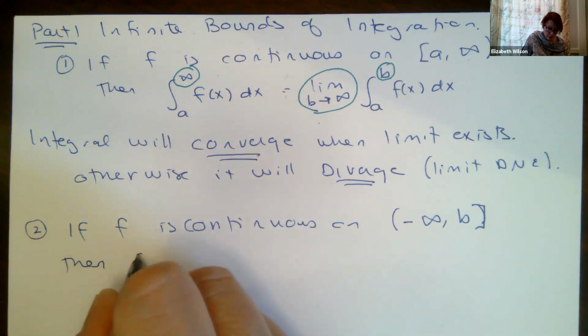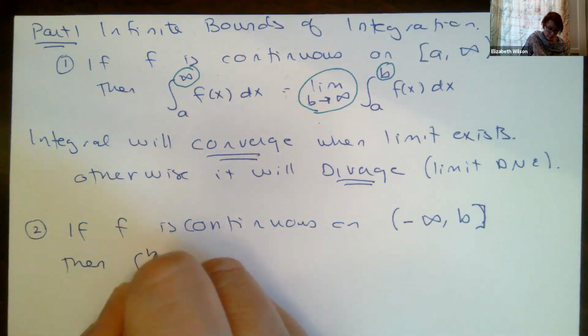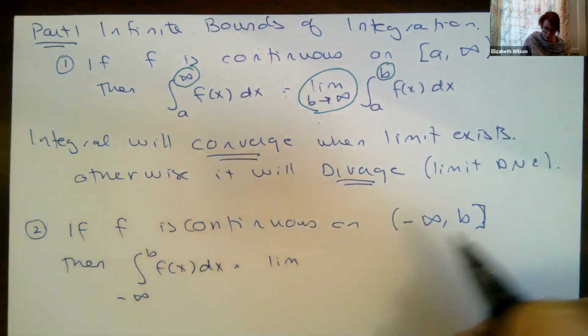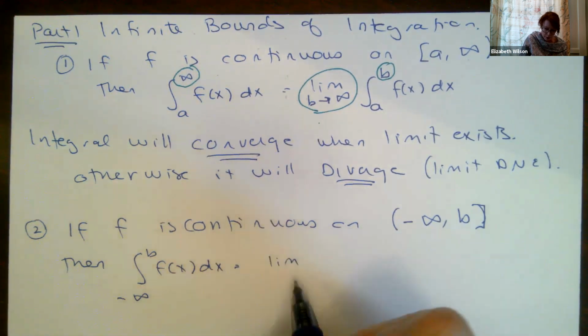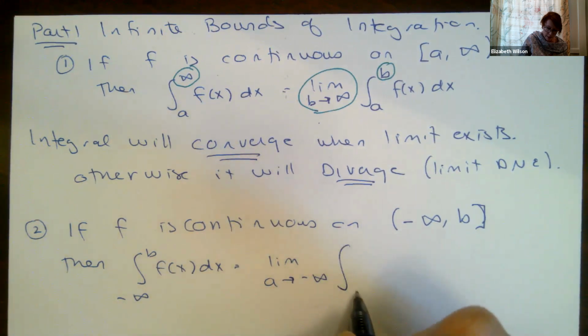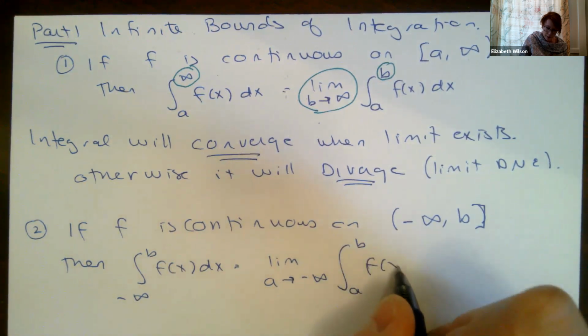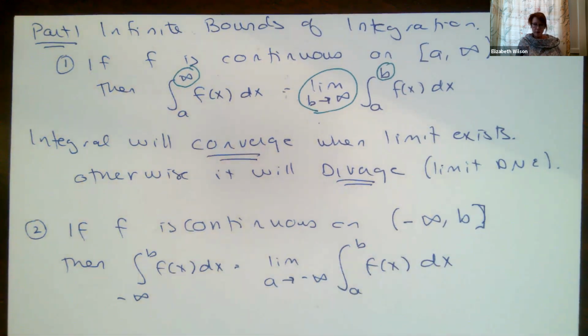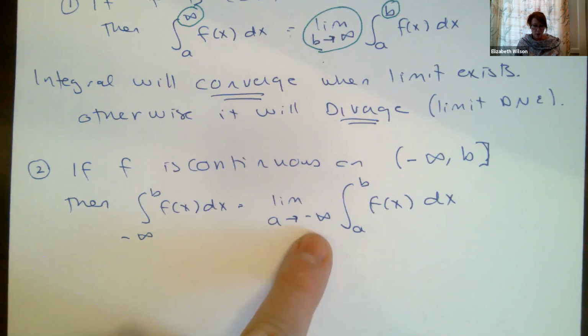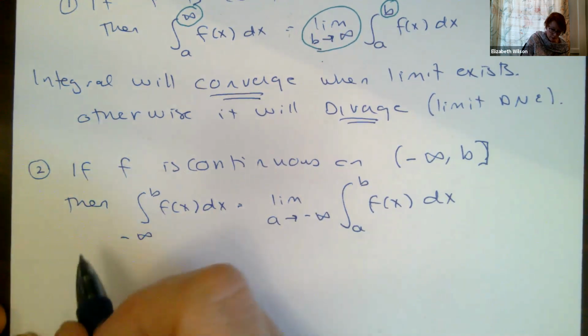Then the integral from minus infinity to b of f of x dx equals the limit, and I don't care what variables you use, just don't use x or b because we're already using them, as a goes to minus infinity of the integral from a to b of f of x dx. So what I did, look, I substituted on the lower bound. And now when I analyze the limit, I have to be aware I'm analyzing it as a goes to minus infinity. It's going to change the nature of my evaluation of the limit.